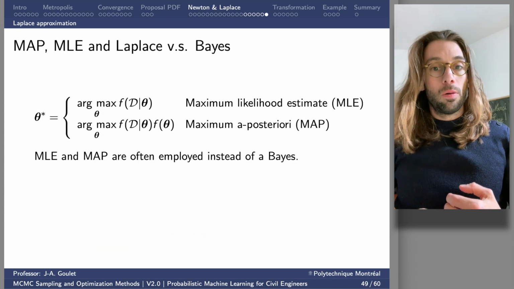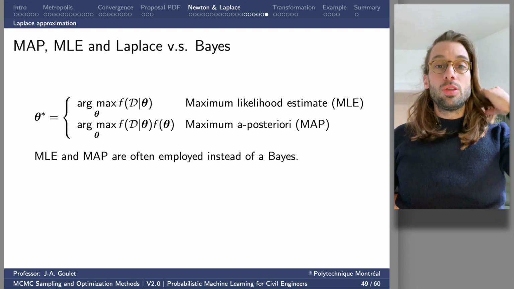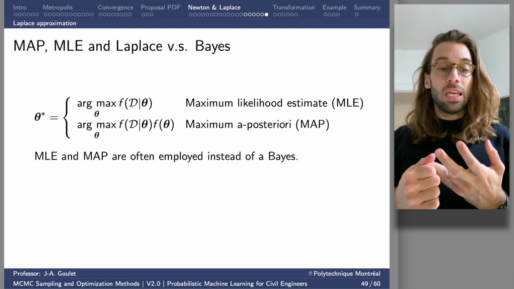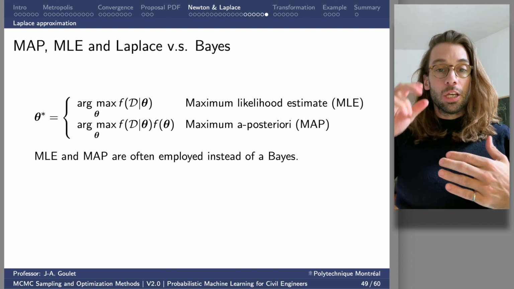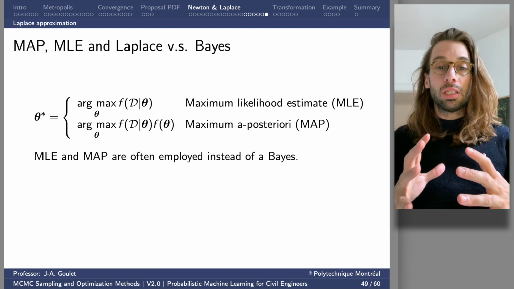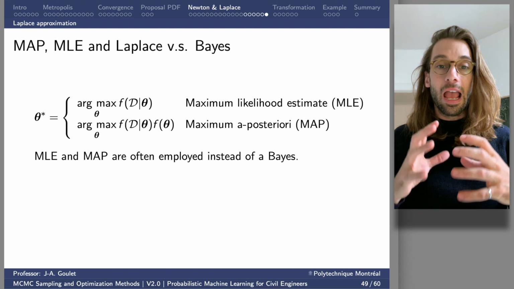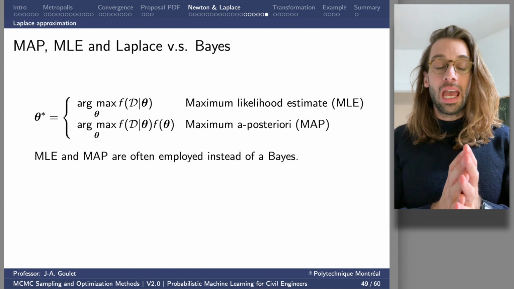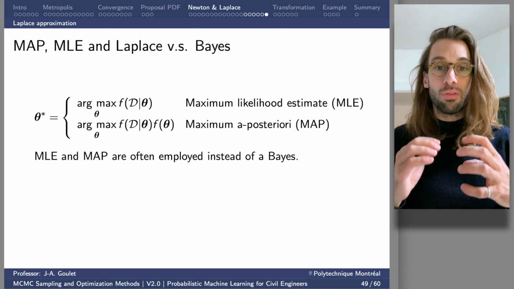Okay, so now if we do a recap, how do we differentiate between MAP, MLE, Laplace, and Bayes? We can say that the most general thing we can do is apply Bayesian estimation, as we've seen in module 3, okay? The real ground truth is doing full Bayes.